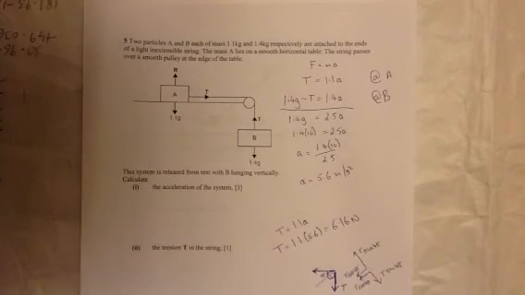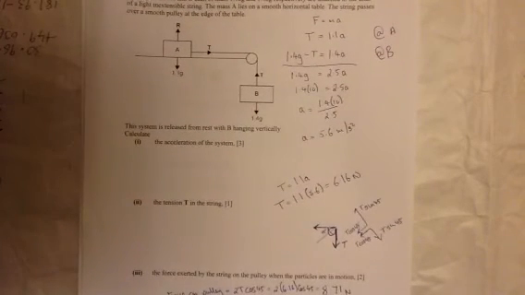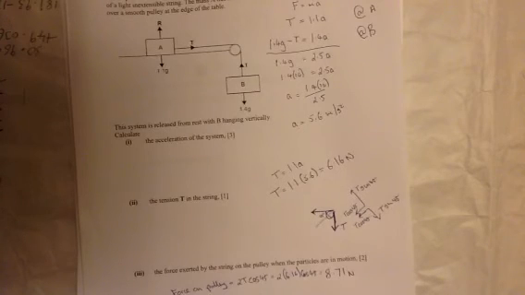Okay, the last thing we're asked for is the distance travelled by B after 0.5 seconds, assuming it doesn't reach the ground. Okay, so we've got the acceleration, we worked out as 5.6. It starts off from rest, so u is 0. The time taken to travel is 0.5, and we're looking for s.